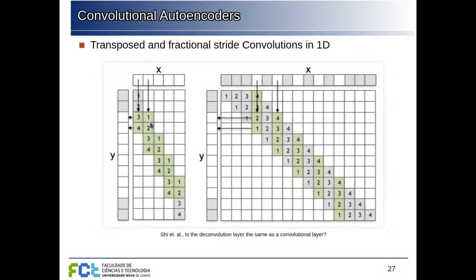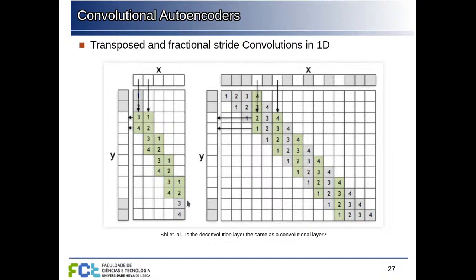One is the transposed convolution, which slides along the output and does this kind of operation with each value of the input. So basically we are multiplying by the first value of the kernel and adding to that element of the output, and then we multiply by the second element of the kernel and add to that element of the output, and so on.